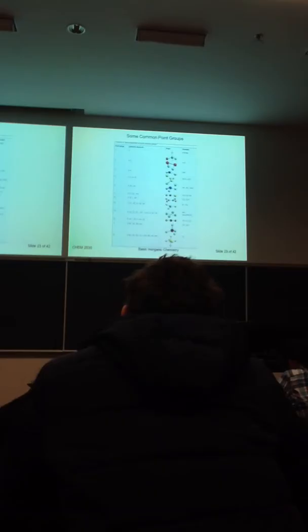Now, I know this is small, and I doubt you can actually see it, but this is table 6.2. Again, it's taken out of the course kit, and it summarizes some of the more common point groups. So it goes through, down here is our Td, a tetrahedral one for things like methane, for example.